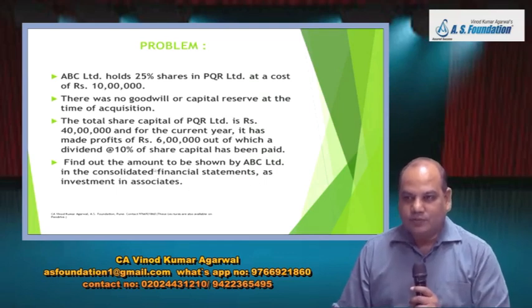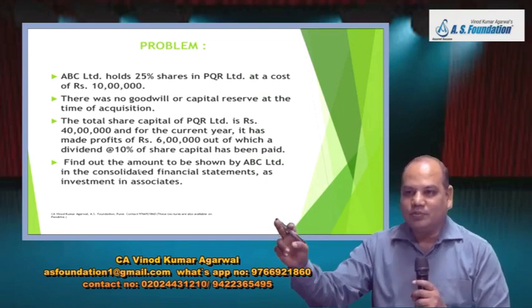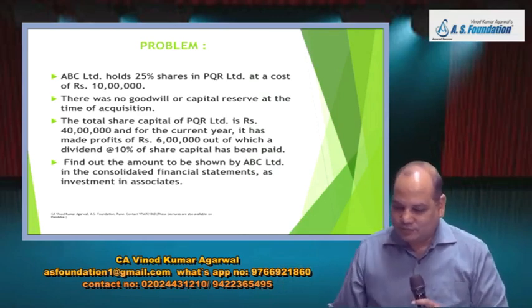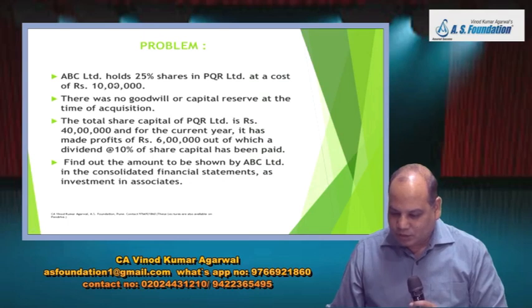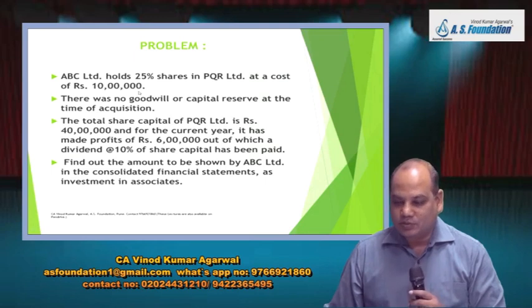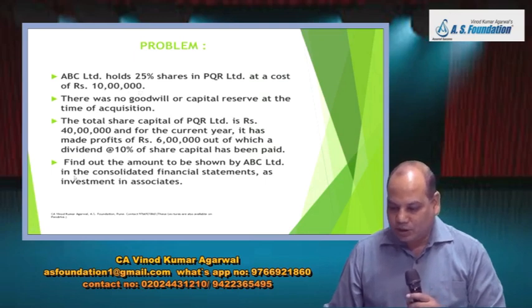Now we'll solve one problem. Okay, a very easy problem. ABC Limited holds 25% shares in PQR at a cost of rupees 10 lakh. So first they will capitalize the investment at 10 lakh.